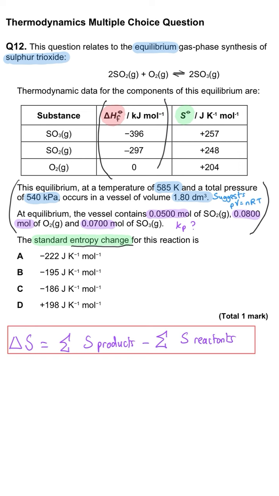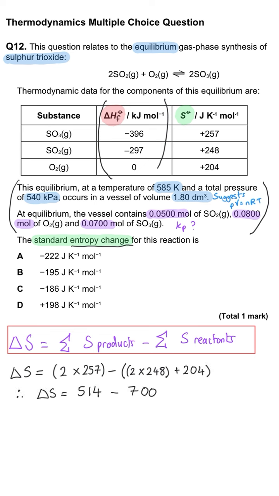And so the entropy change is the sum of all the entropies of the products, take away the sum of all the entropies of the reactants. And we've only got the one product, SO3. We've got two of them, so we need to include that coefficient. So 2 multiplied by 257. Then we're going to subtract the sum of 248 multiplied by 2, and then 204.